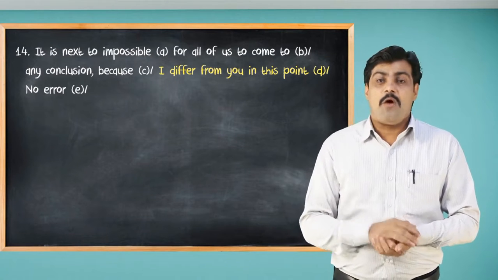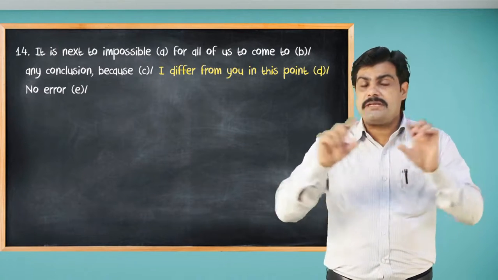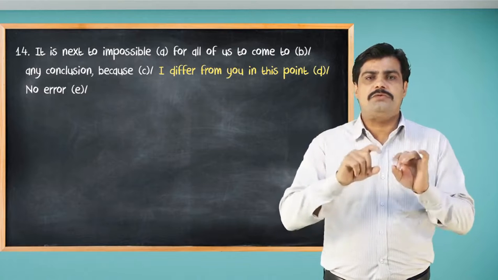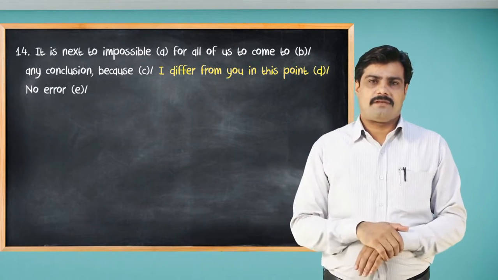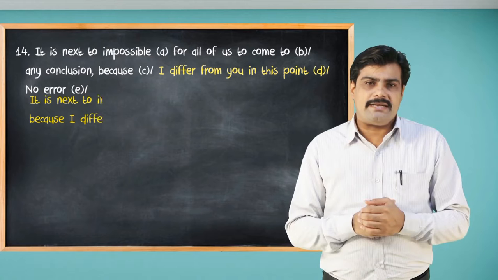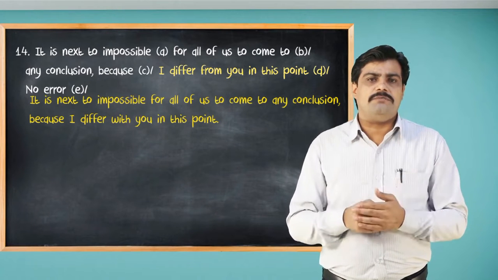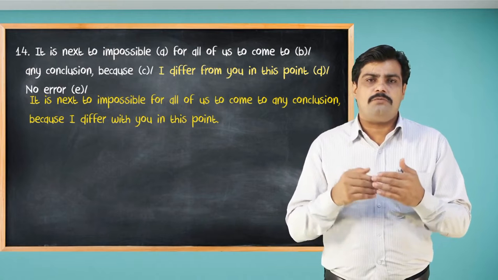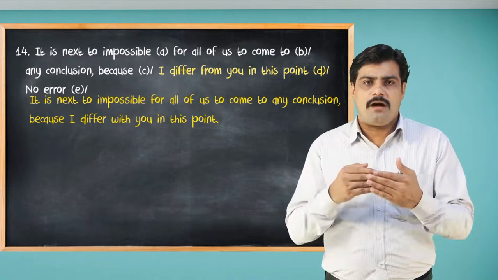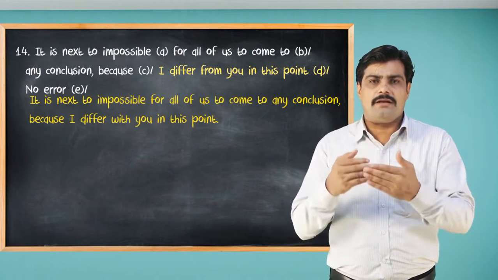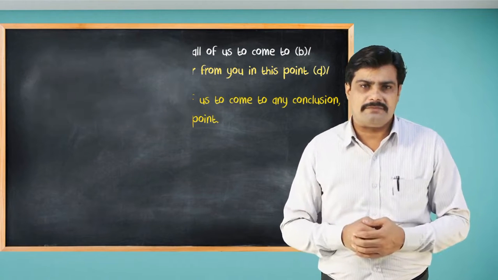The reason is, when we talk about difference in opinion, we use differ with. Now the correct sentence would be, it is next to impossible for all of us to come to any conclusion because I differ with you in this point.